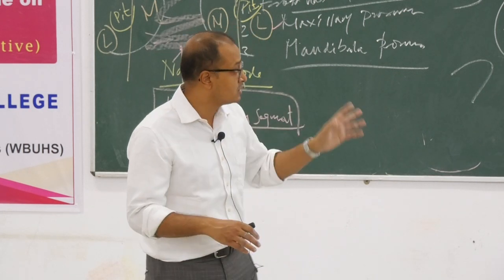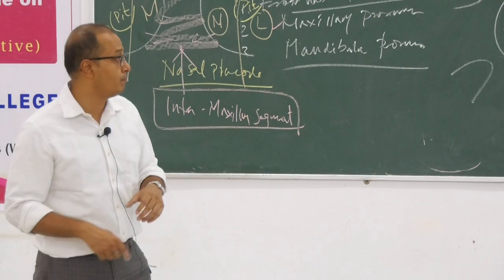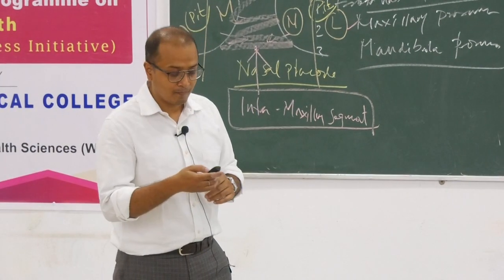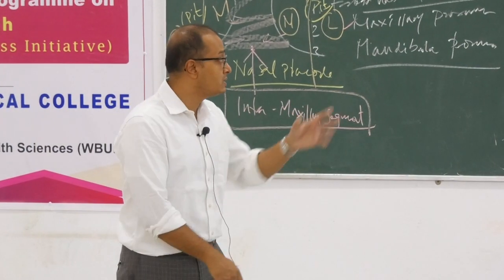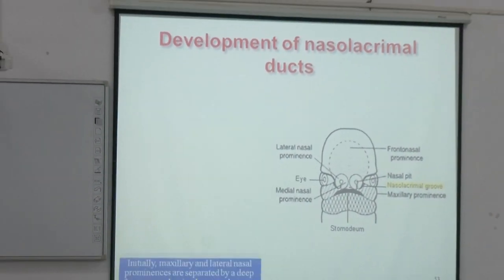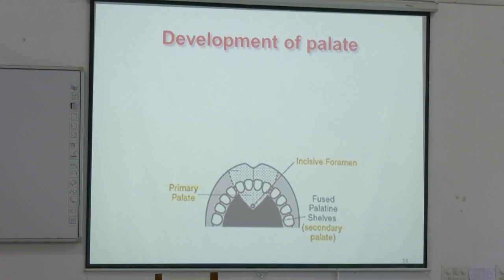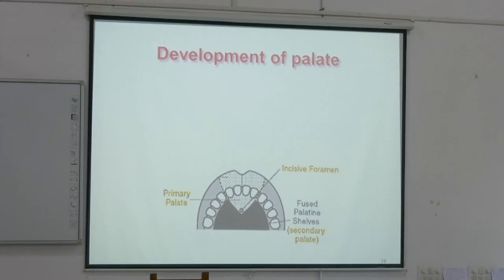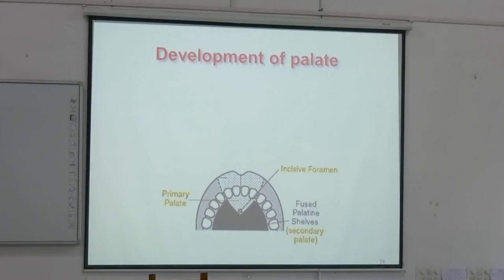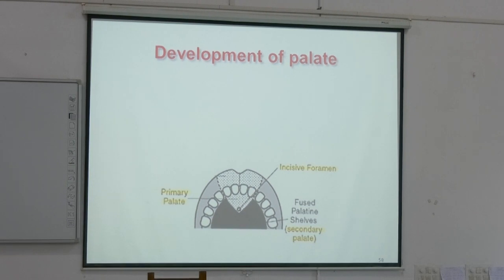Right? So this is about the lip and the facial development related to it. Now, the other variety we are going to talk about is the development of the palate. We have a soft palate and a hard palate, as we call them in gross anatomy.